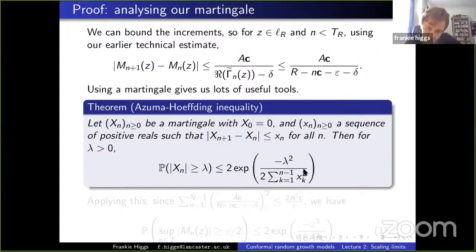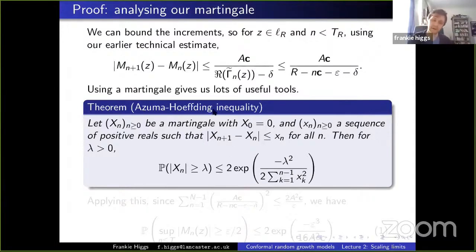I guess lambda would have to be more than the square root of the sum of squares. But ordinarily, the triangle inequality would just allow you to add up these upper bounds. Here we can take a kind of Euclidean combination of them, which is much stronger. Well, it can be much stronger if the xn's are small.